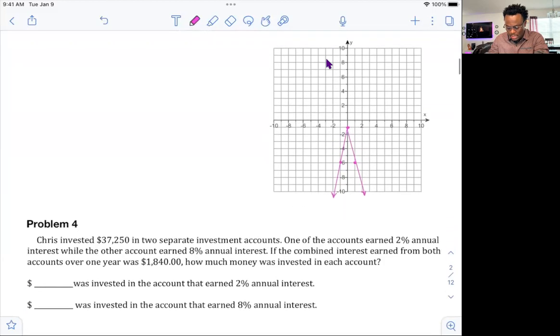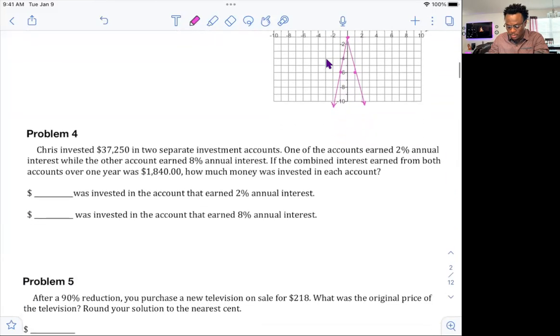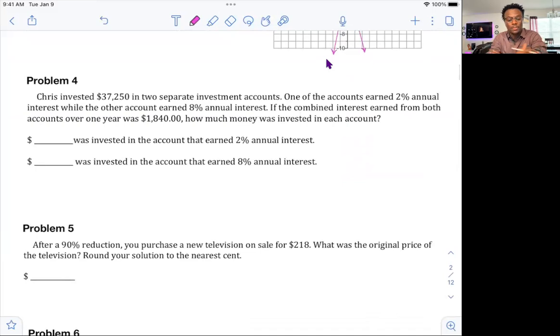Okay, so now let's see the next problem, number 4. Let's read this problem. It says Chris invested $37,250 in 2 separate investment accounts. One of the accounts earned 2% annual interest, while the other account earned 8% annual interest.